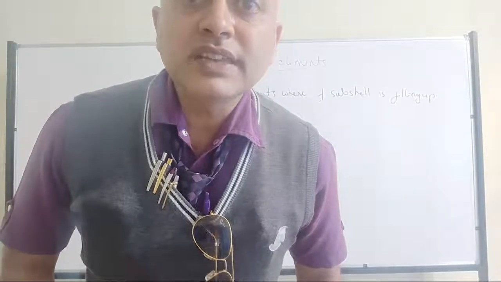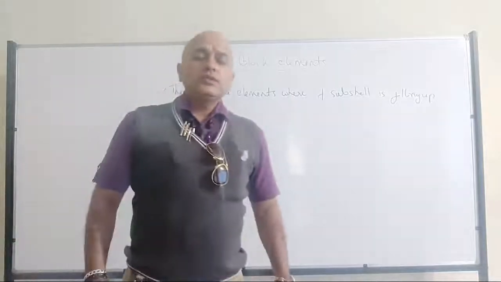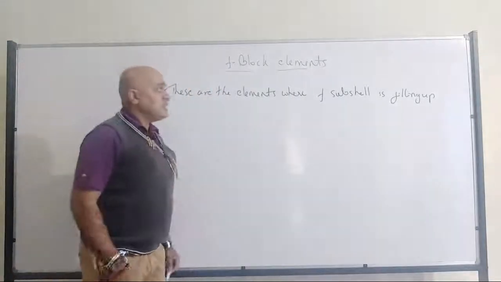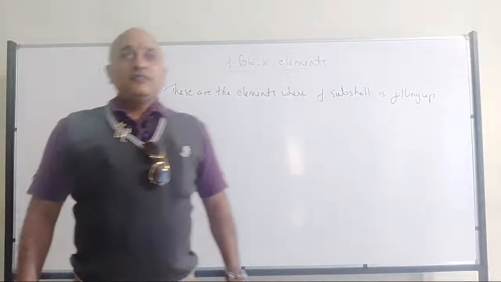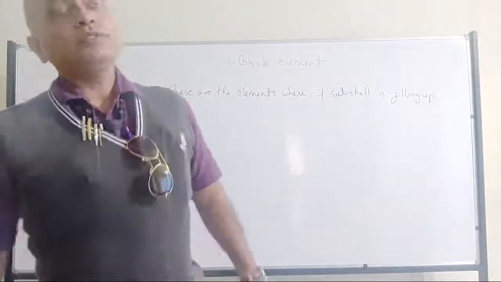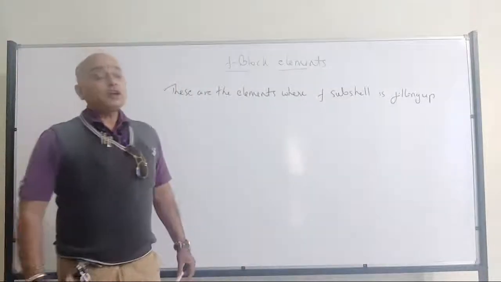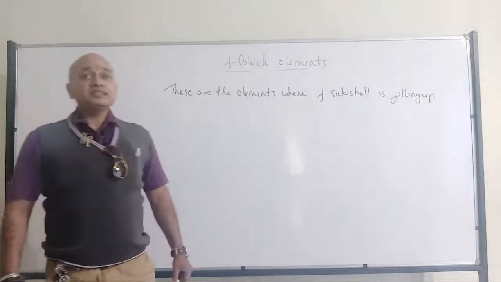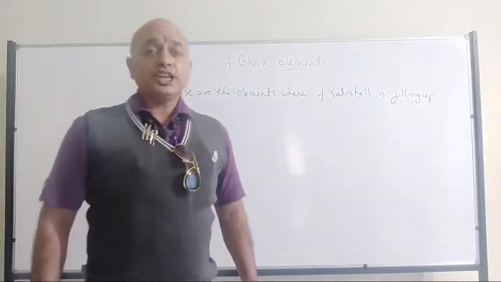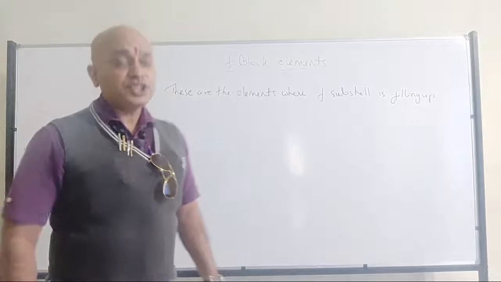Someone has written valence electrons in F orbital. Instead of that we can call it F subshell. Valence electron means outermost electron. But when I am talking about these elements, the F subshell is not the outermost shell. We have many other shells.